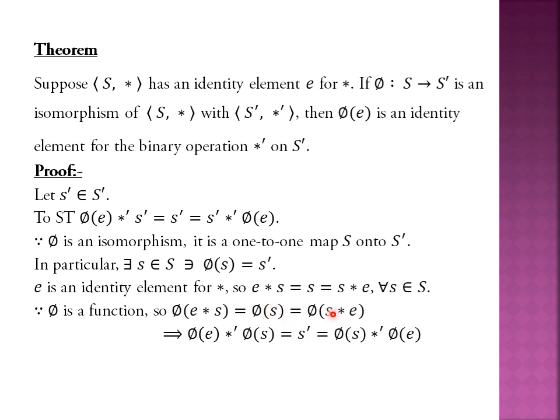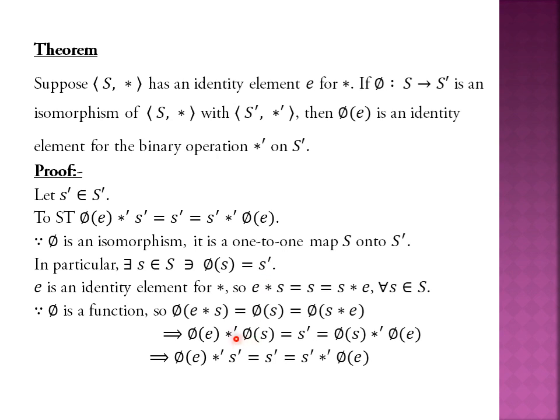Also, phi of s star e equals phi of s star dash phi of e. That is, we get phi of e star dash phi of s equals s dash, which is equal to phi of s star dash phi of e, which implies phi of e star dash s dash. We know that phi of s equals s dash.